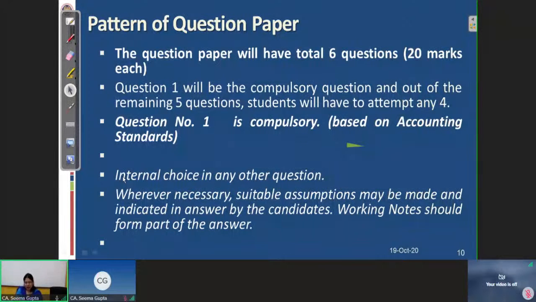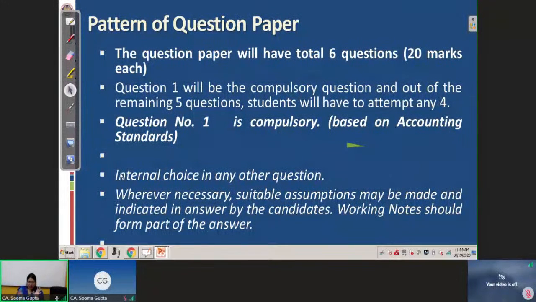Wherever necessary, suitable assumptions have to be made, and they have to be disclosed properly by the students in their answers. Suppose in a particular question of goodwill in partnership we are not given the method of valuation, like super profit method, average profit method or capitalization method.